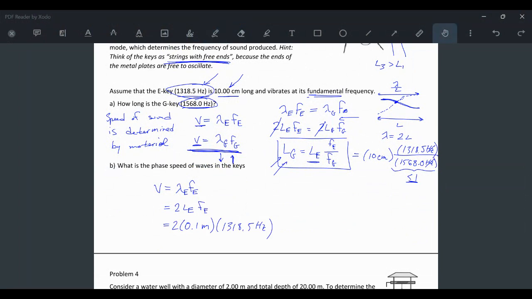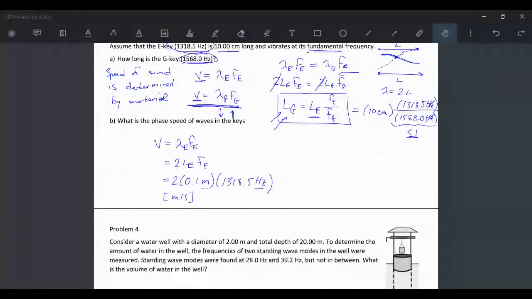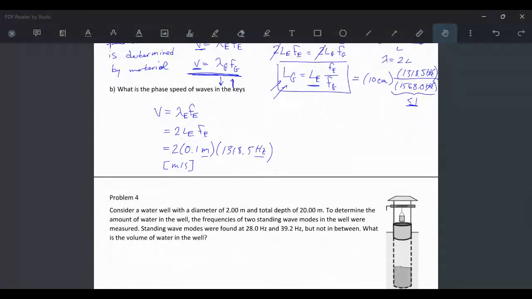Like I said, there's a lot of calculator work, so I felt it was easier to save us a bit of time on this one. But again, this is in meters. Remember that hertz means per second, so the units that come out are meters per second, which are the units we're looking for in speed. So it's all good.